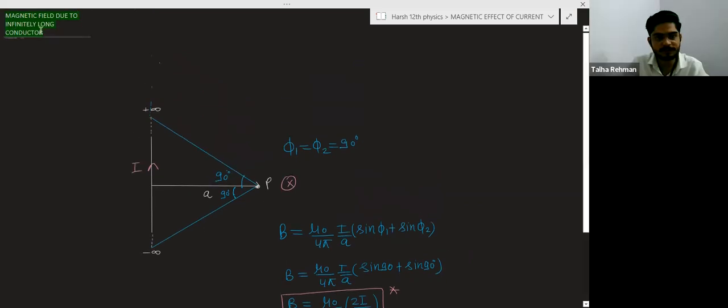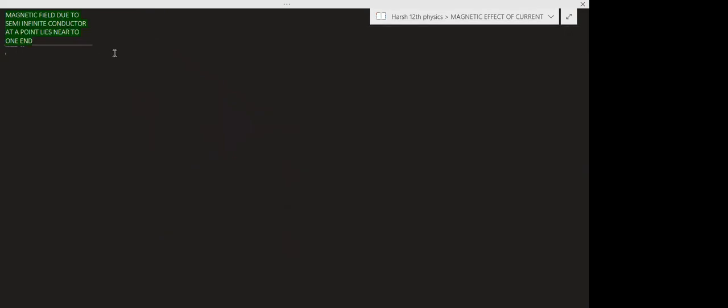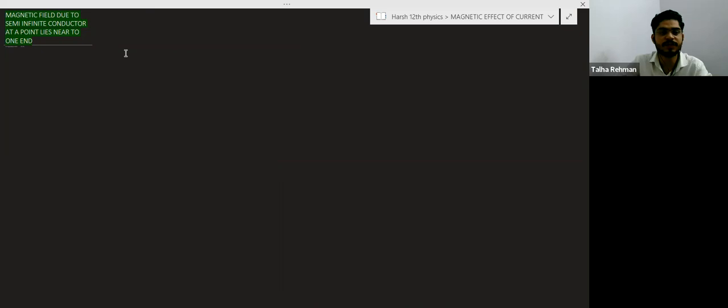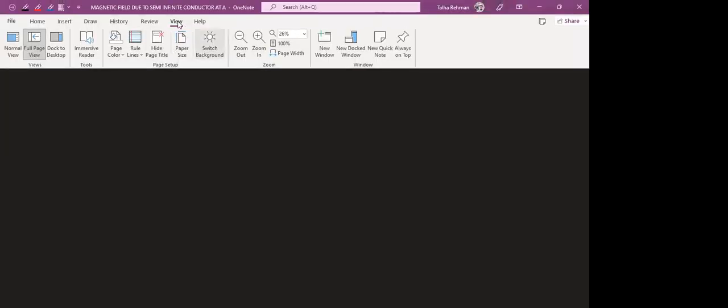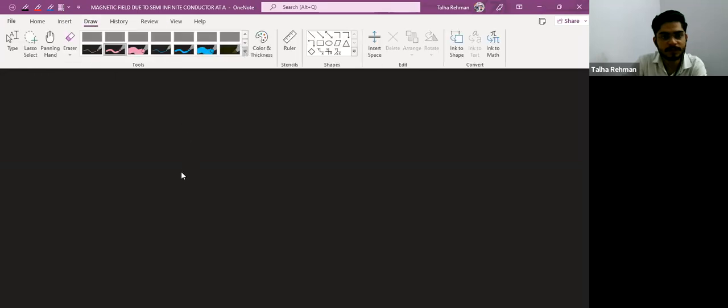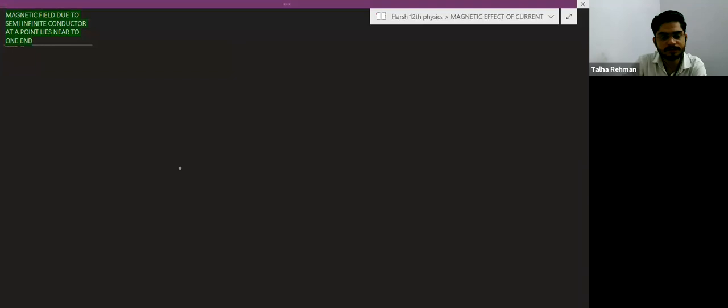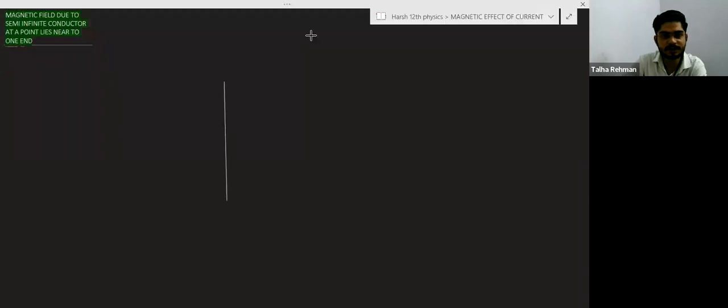Okay, so this is the first case, magnetic field due to an infinitely long conductor, and the second case we have is magnetic field due to a semi-infinite conductor at a point near one end. The meaning of this is, taking a wire again, but this time this wire has a semi-infinite length.